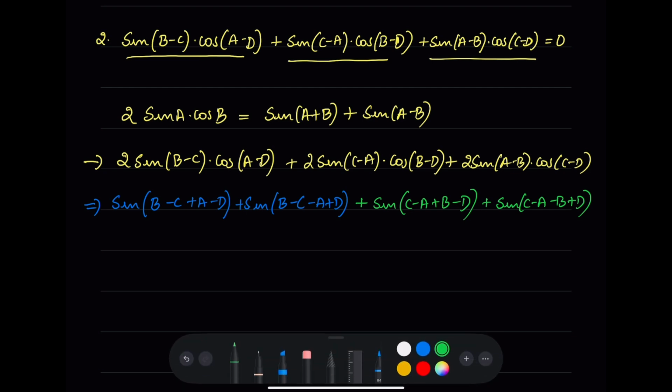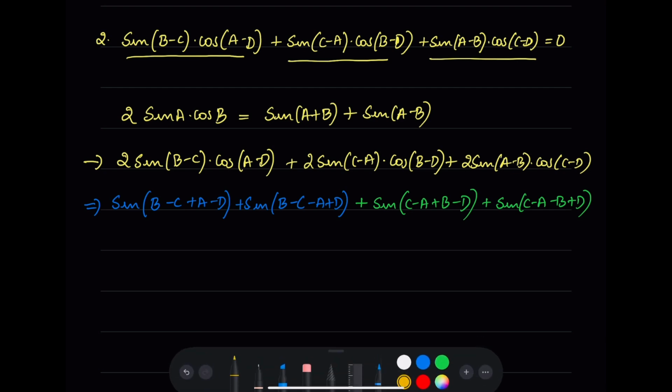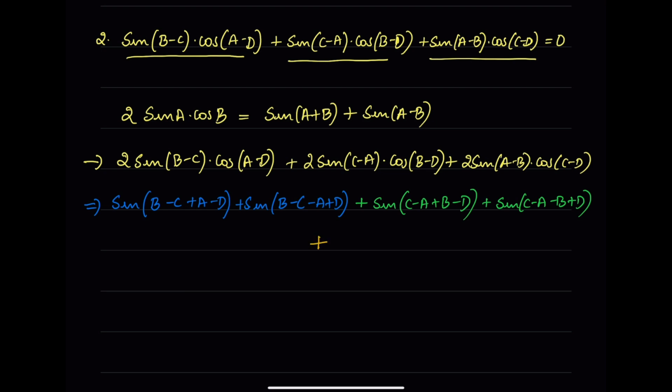Now the last part is plus sine of (A minus B plus C minus D) plus sine of (A minus B minus C plus D).